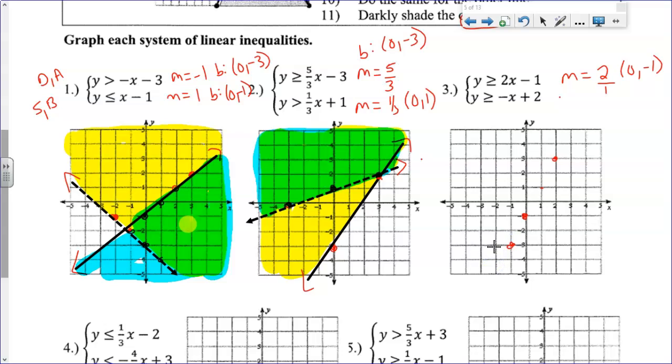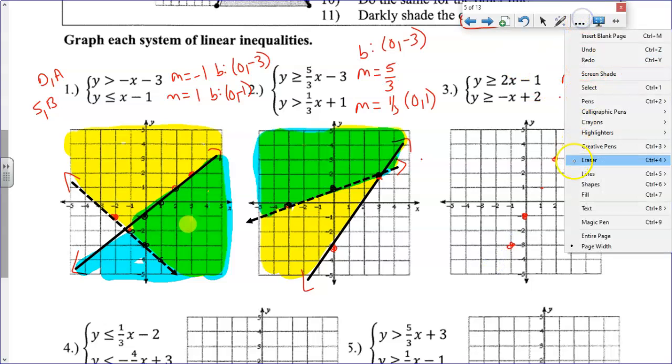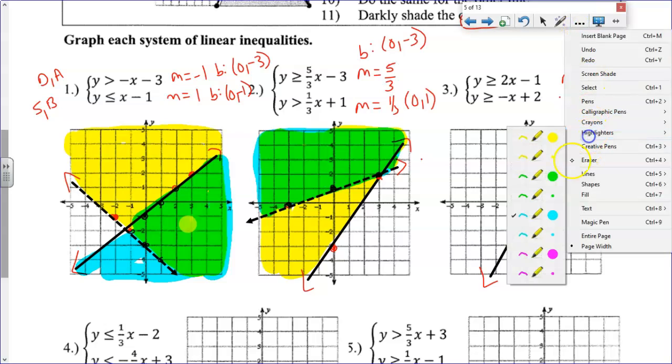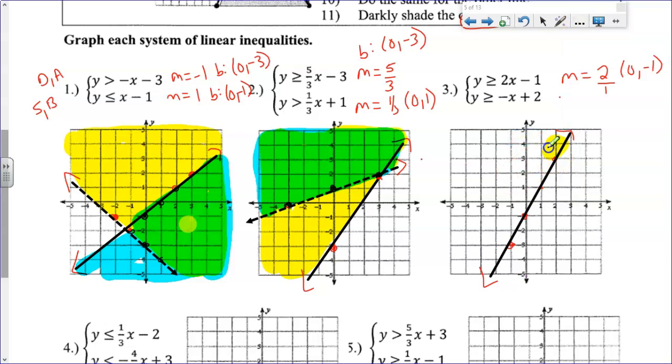Oh, it's still on dash, so let me go in here and change my lines because we want a solid line. So solid, and then it is greater than, so we're going to shade above this line because it's greater than.